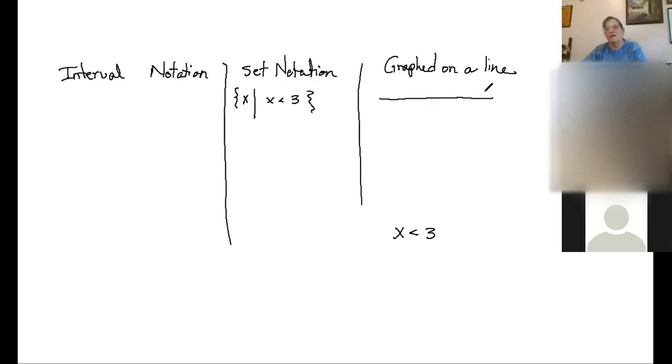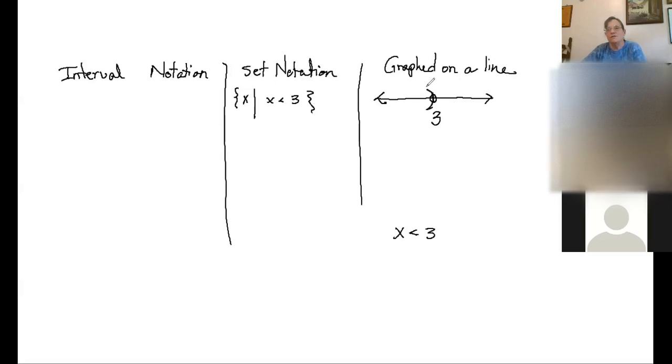On a number line, x is less than 3 means any number smaller than 3. Some books use an open circle like this to indicate that it's a less than instead of a less than or equal to.